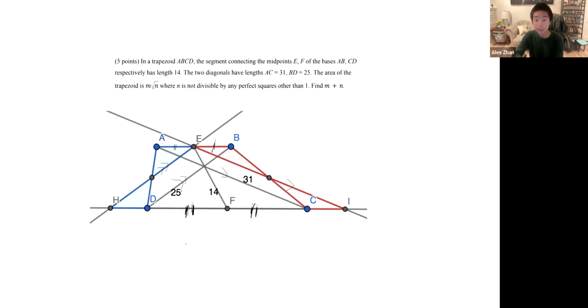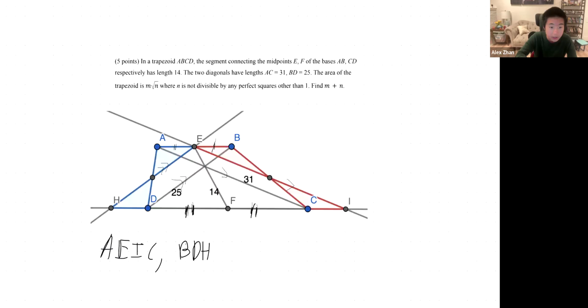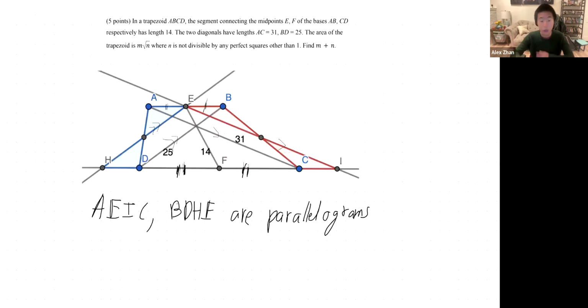But now, since this is a parallel shift, AEIC and BDHE are parallelograms, because the two pairs of opposite sides are parallel.